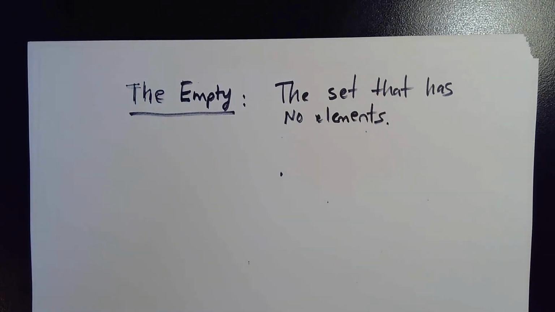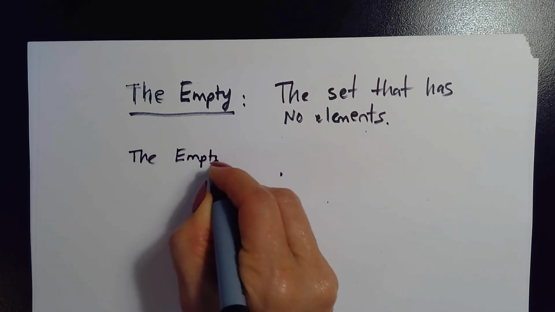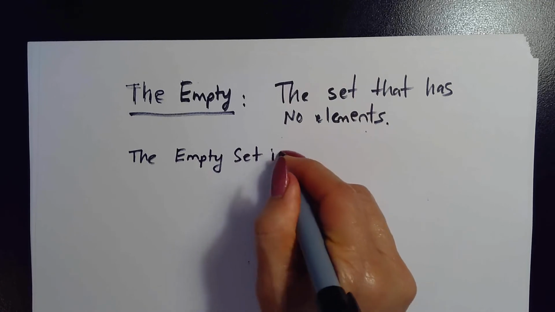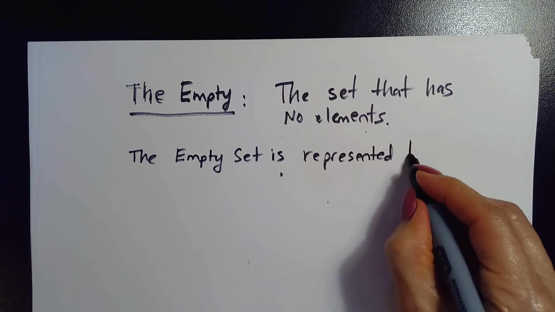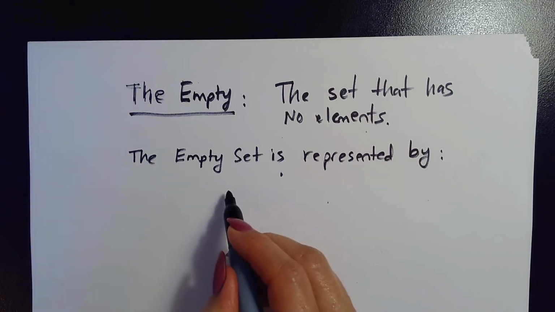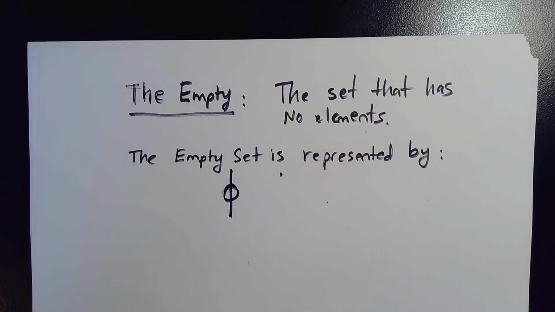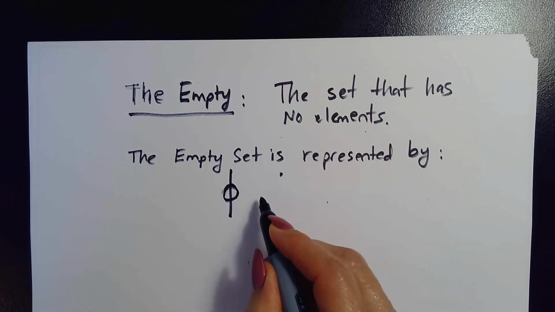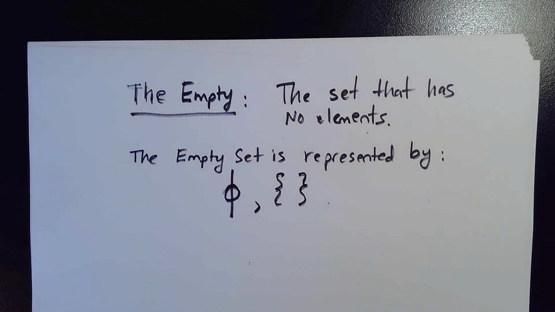How do we represent the empty set? You have two ways of representing the empty set. You can have a zero with a line through it, or the braces with nothing in them. There's just two ways to represent the empty set. We also call it the null set.